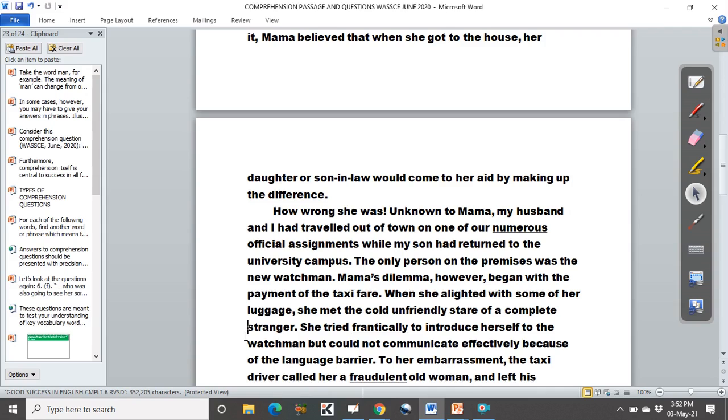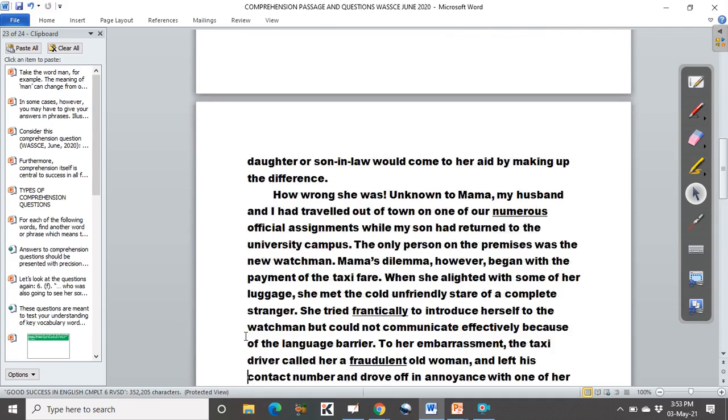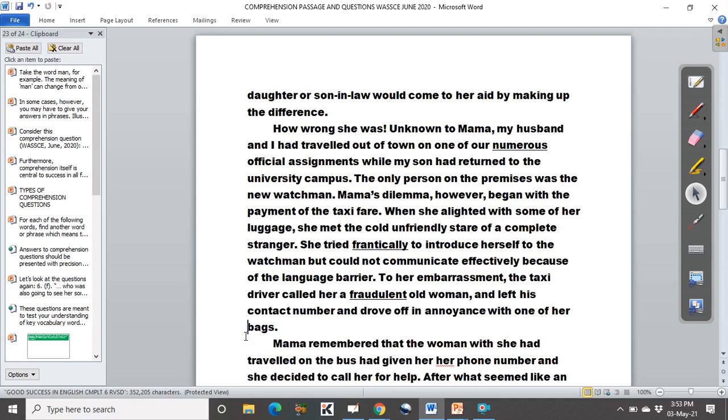She tried frantically to introduce herself to the watchman, but could not communicate effectively because of the language barrier. To her embarrassment, the taxi driver called her a fraudulent old woman and left his contact number and drove off in annoyance with one of her bags.